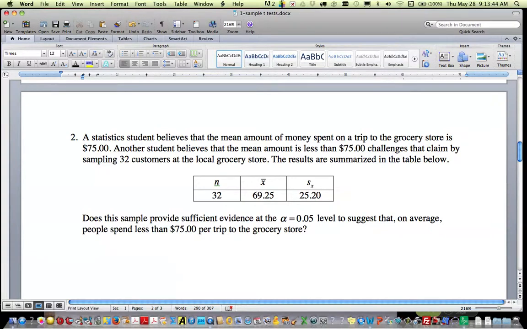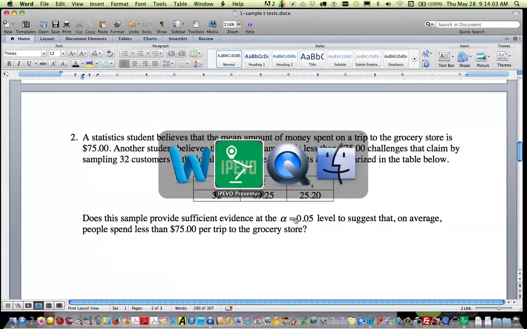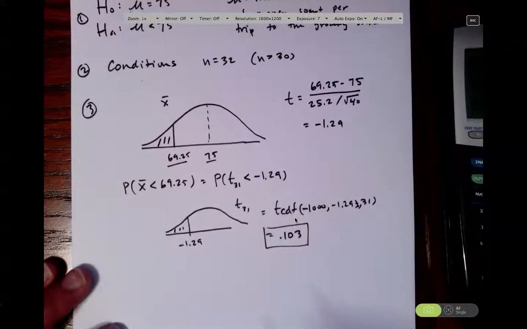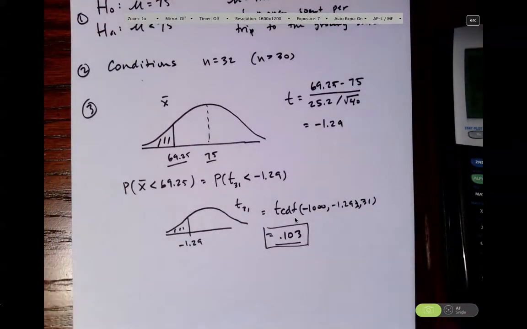All this means is that anything below 5% is small, anything above 5% is large. We're drawing a line in the sand and saying we're all going to agree that anything less than 5% is low, anything greater than 5% is high. In our case, we've got a p-value of 10.3%. According to that line in the sand, this is a high probability.